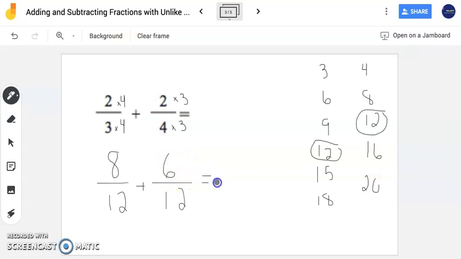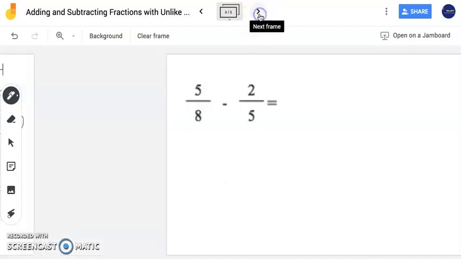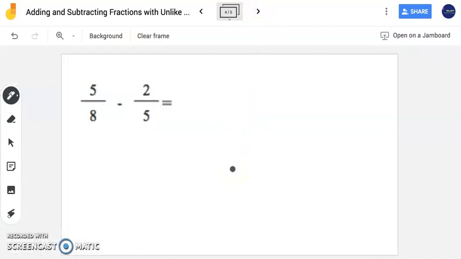Now my denominators are exactly the same, which they are 12. So all I need to do is add my numerators. 8 plus 6, we're left with 14/12. And you can leave your answer as an improper fraction, and you do not always need to simplify it. That is absolutely fine.